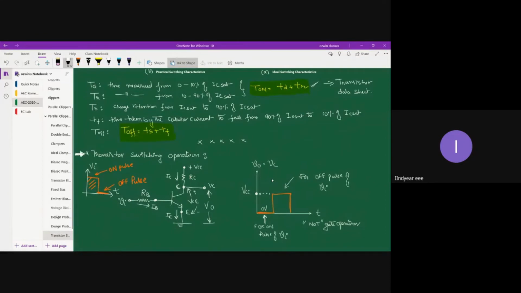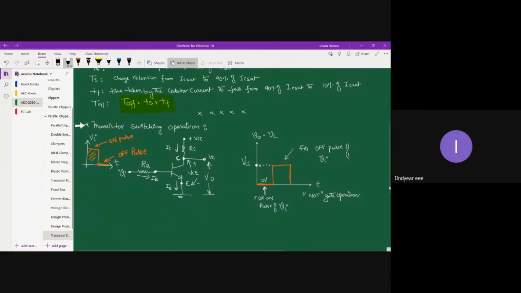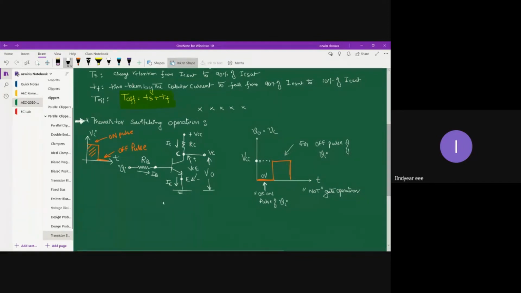Okay, fine. Now let us come back to something known as the switching operation. What kind of circuit are you going to rig up in order to get the transistor switching operation? The circuit diagram shown below gives a simple transistor switching circuit.